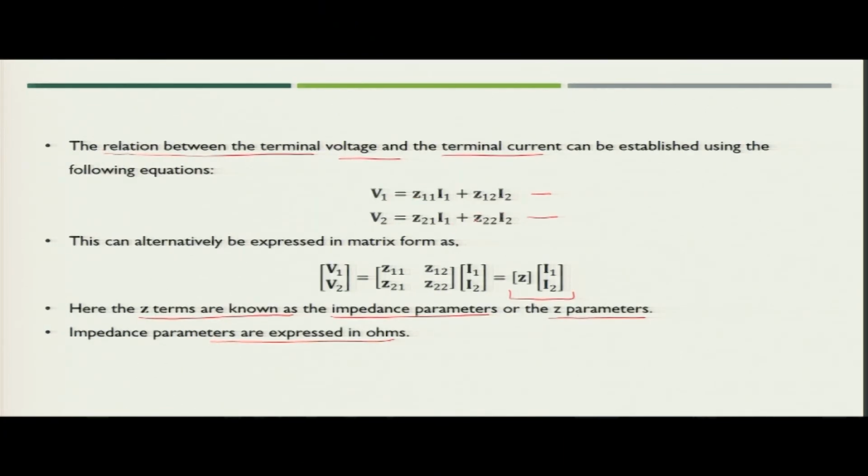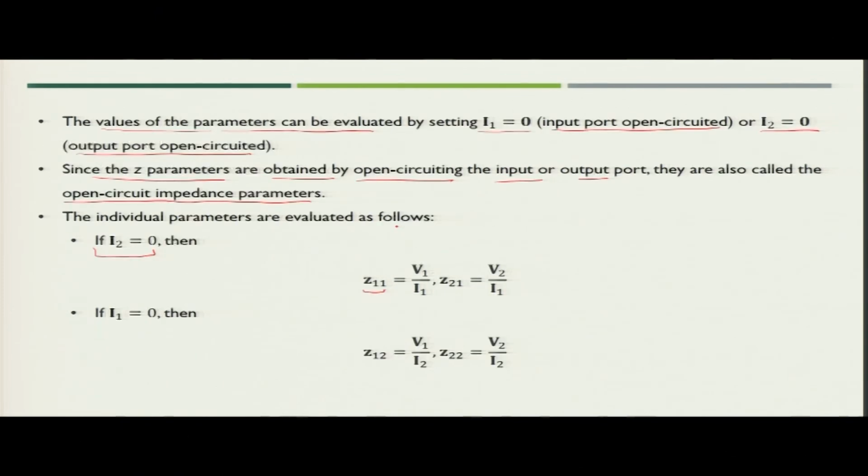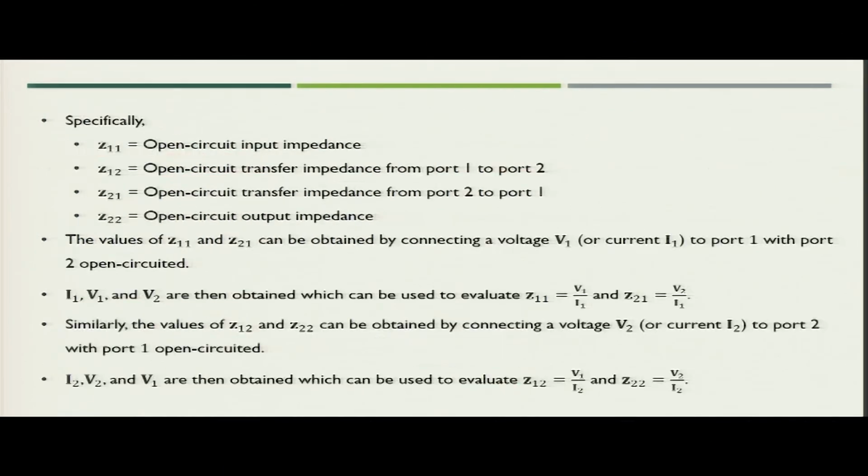Similarly, in this equation, if you put I1 equal to 0, what will happen? By setting I1 equal to 0, you will get Z12, that is V1 upon I2, and Z22, that is V2 upon I2. This is how you can calculate the Z parameters or impedance parameters of the network.